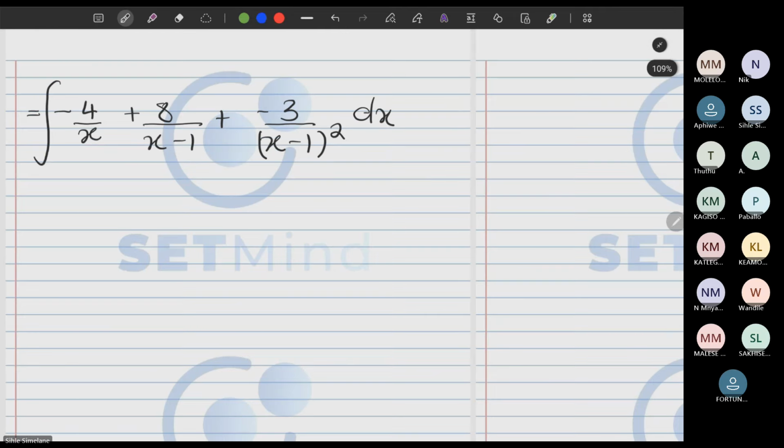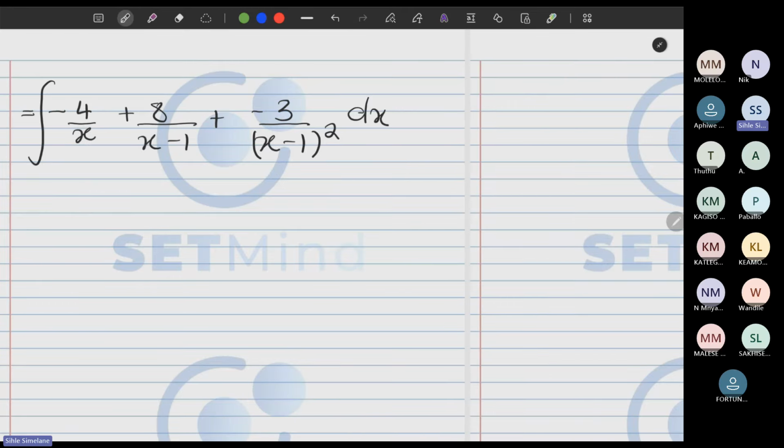Right. So let's go ahead, guys. The integral, one thing I need you to remember, which should be very easy for you to remember, and this is just your basic integration.